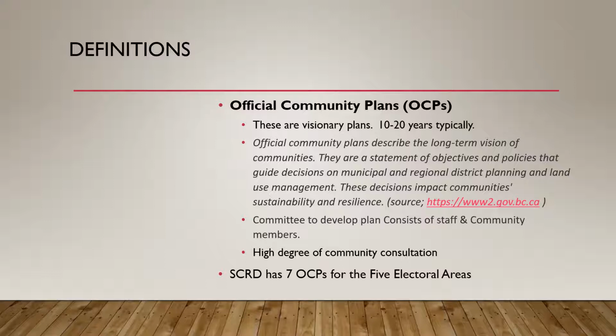The committee that develops these community plans consists of staff and community members along with technical experts. And there's a high degree of community consultation as you go through the process of developing that official community plan. All of the official community plans of the Sunshine Coast Regional District can be found on the SCRD.ca website. And our regional district has 7 official community plans for our 5 electoral areas.